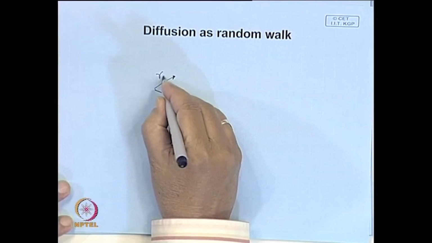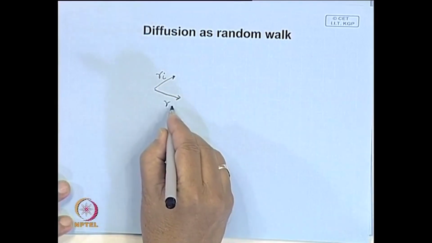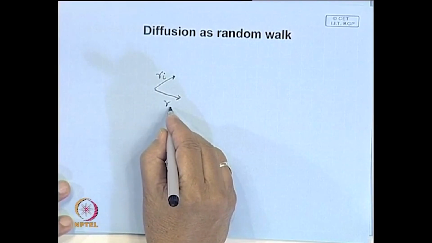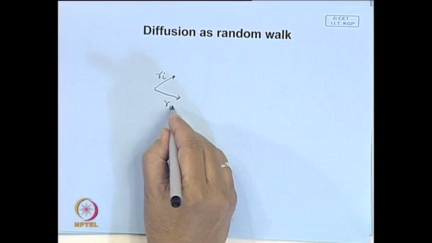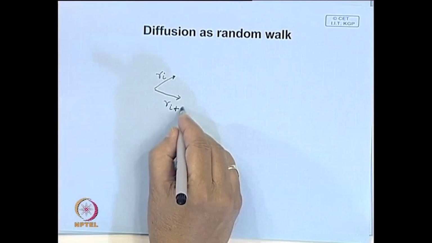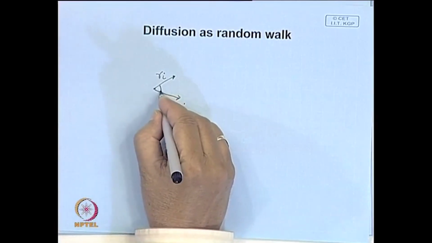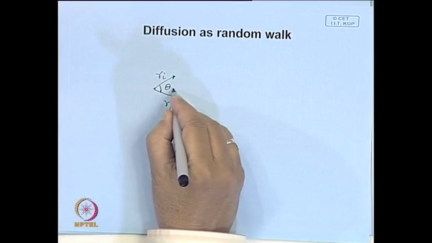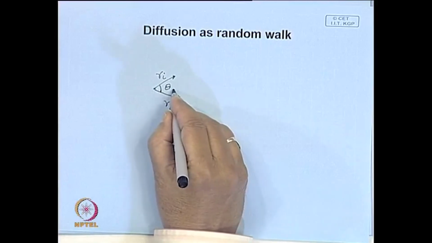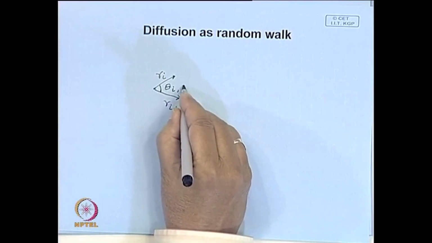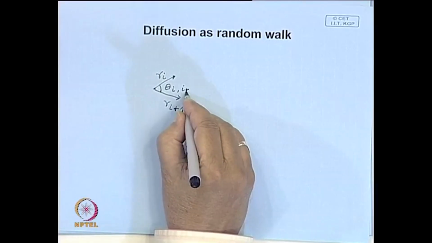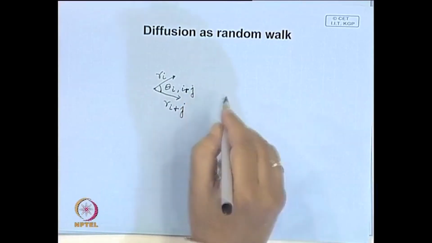So, this is R i, this is R i plus j. In that case there is an angle subtended, and we call this angle i plus j.